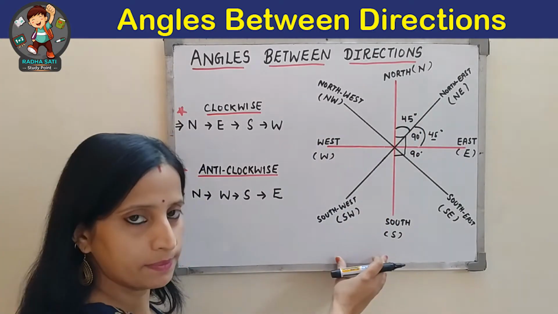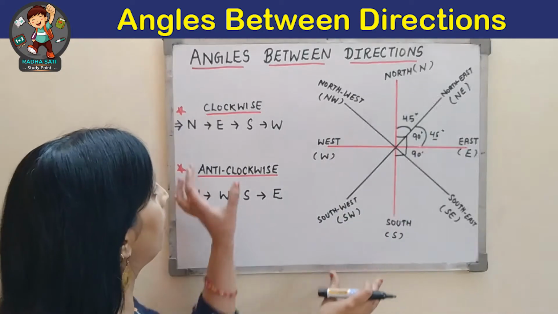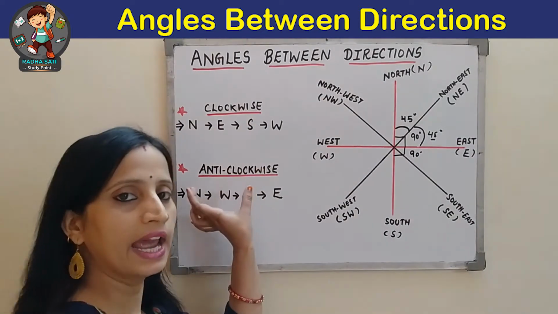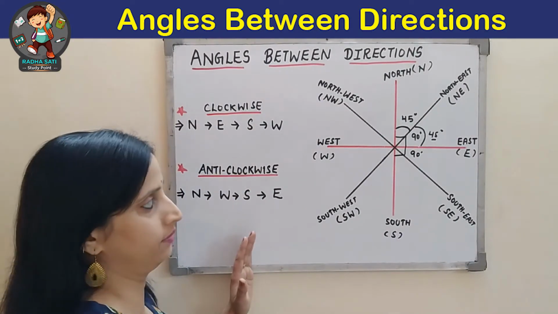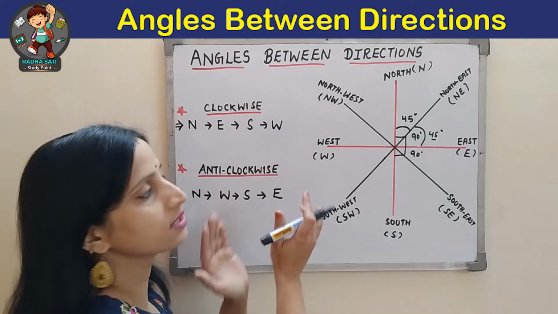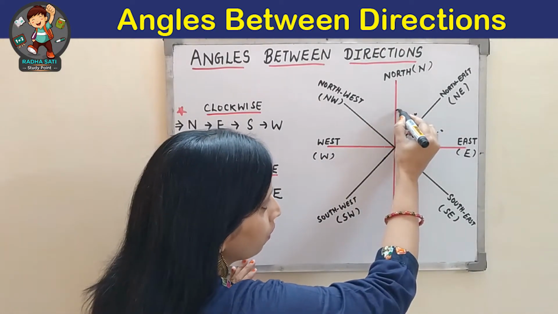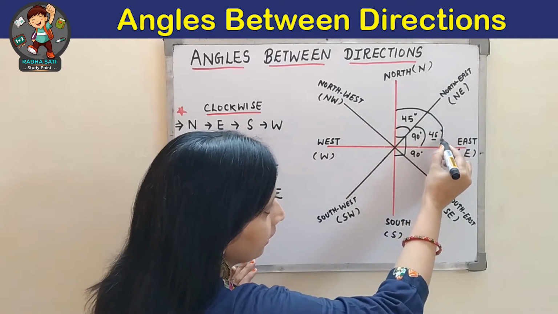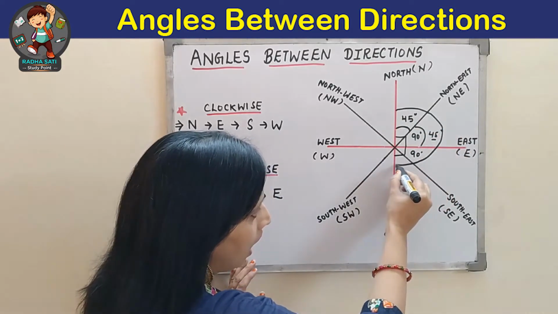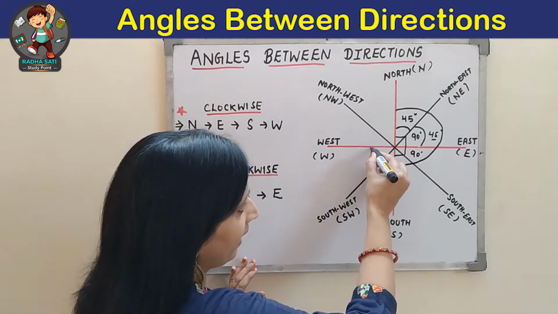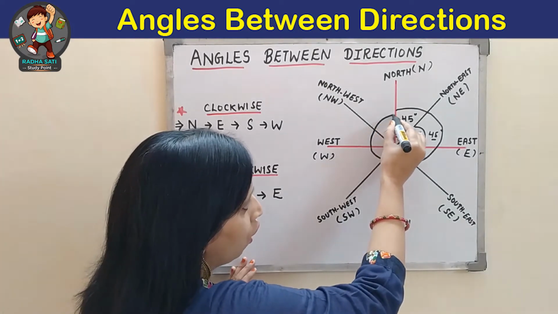Now, the next concept which I am going to discuss is clockwise and anti-clockwise rotation. Clockwise means when someone moves from north to east, then east to south, south to west and west to again north.